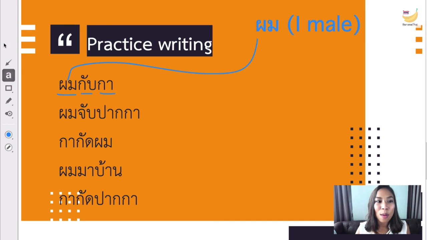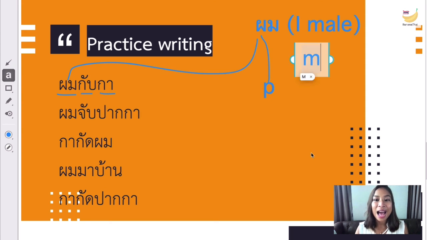So I want to introduce you quickly. I know you haven't learned these two consonants, but it's important to know this is how you write the word ผม. This one is พอพาน, p sound, and this one is มอม้า, m sound.